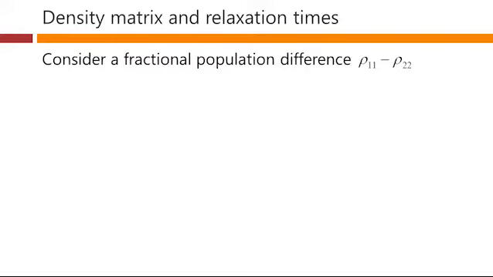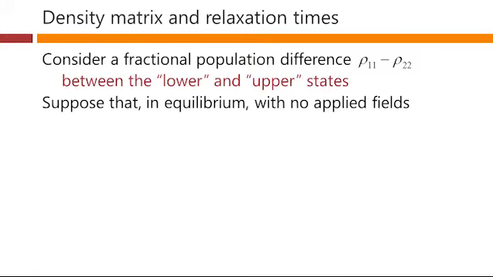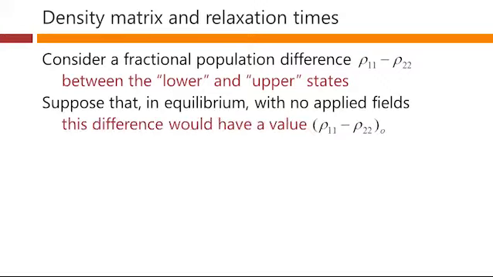Consider a fractional population difference, so rho 11 minus rho 22, between the lower and upper states. Suppose that in equilibrium, with no applied fields, no light shining on it, for example, that this difference would settle down to some value like this, some specific relative population of the upper and lower states.